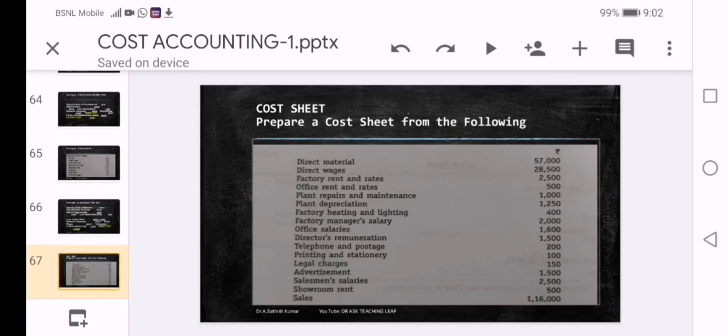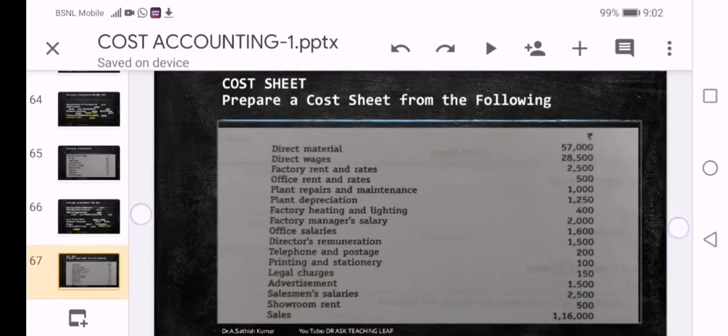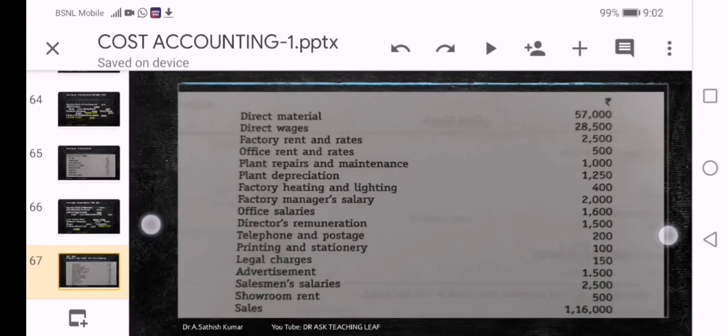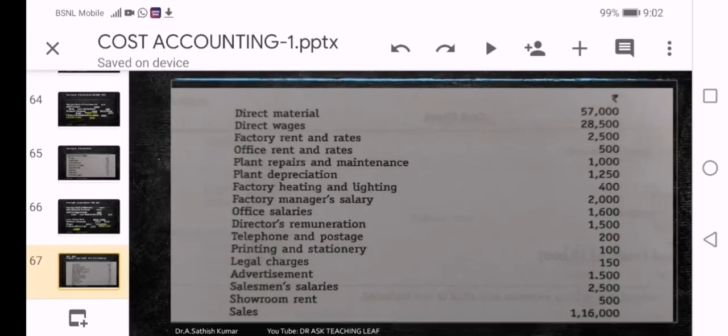Now let us focus on the long answer questions. Prepare a cost sheet from the following. So many items are given. You can expect these standard questions in the examination, like direct material, wages, factory rent, all items are given. Every item you have to classify by reading and keep under the different heads.